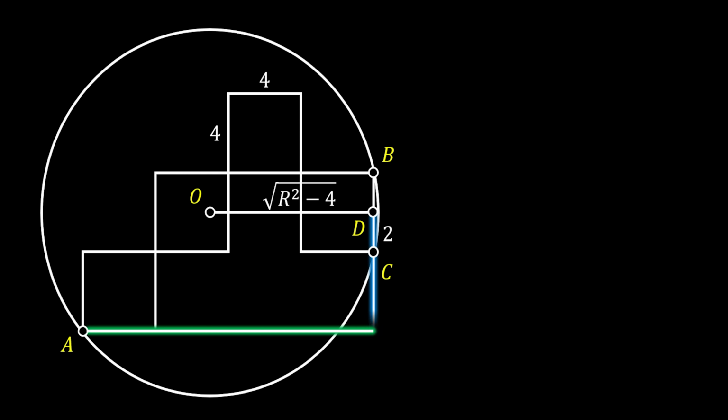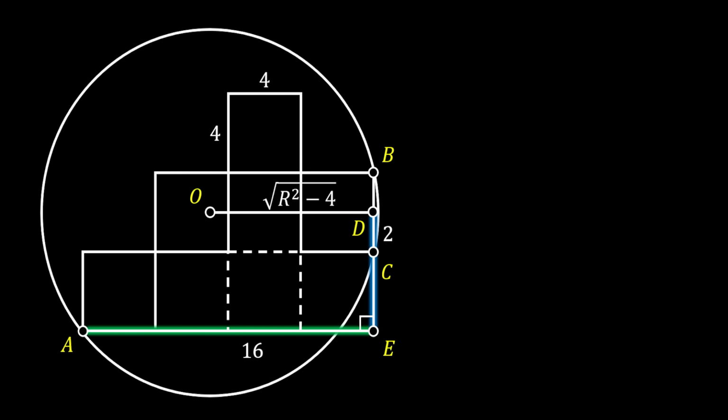Next, I'm going to pull the horizontal line from the point A, and I'm going to pull another vertical line from the point D, and the intersection of those 2 lines I will label as E. Now, if we put another square in the gap between our squares, you can notice that the line AE will have the length of 4 sides of the square, which is of course equal to 16.